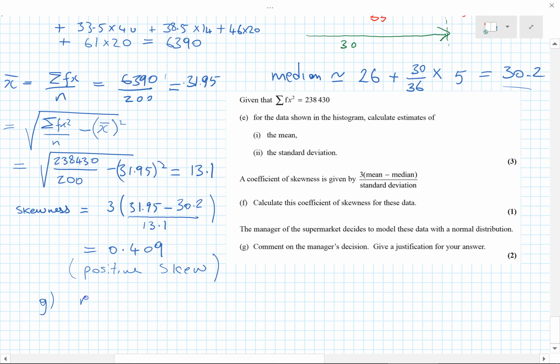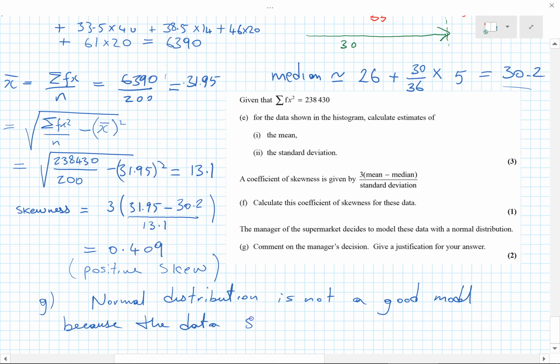So I would say it's not justified, a normal distribution is not a good model because the data is positively skewed.